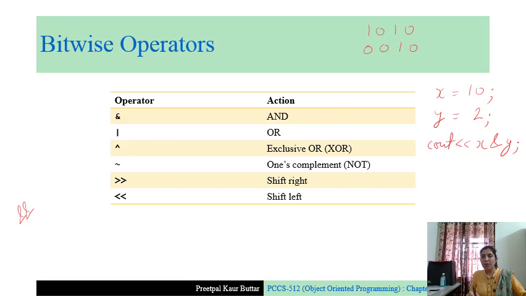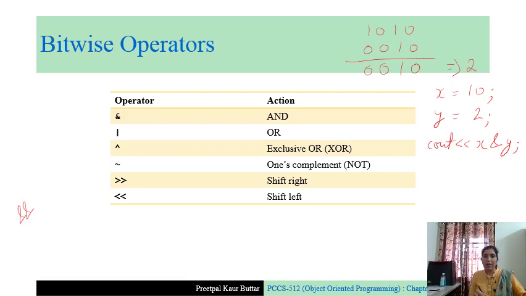For the sake of simplification, I am just representing these numbers using 4 bits, although an integer occupies 4 bytes in memory. But for the ease of understanding, I am using this representation. Then what will be the result of this? 0 and 0 is 0, 1 and 1 is 1, 0 and 0 is 0, 1 and 0 is 0. So the result is 2.